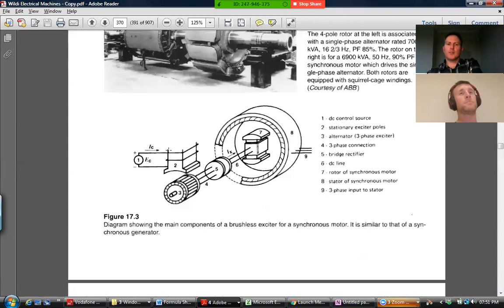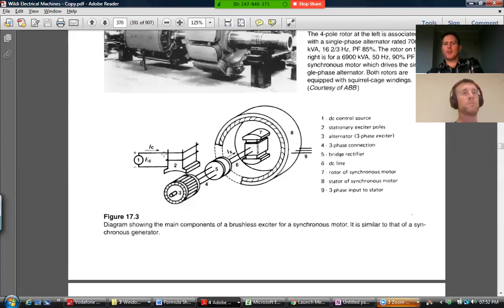But you will still have this exciting current changing the field on some kind of a generator over here, which is basically like a DC generator. It could be going out through a commutator and then into here via the slip rings, but as they've shown it here, there's no commutator, so it's actually a three-phase generator, a little one, a three-phase alternator they might call it, going through a rectifier, and then that rectified current producing the exciting.